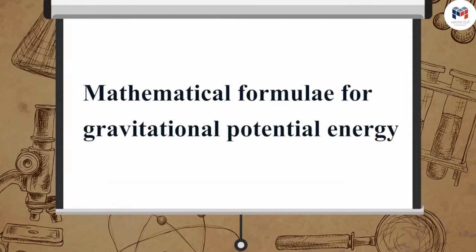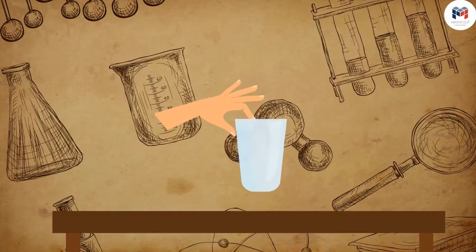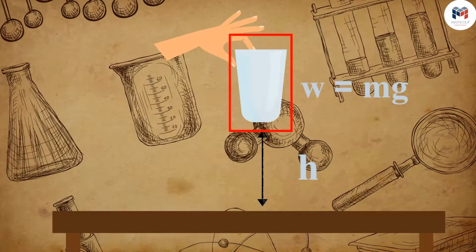Now, let us derive the mathematical formula for gravitational potential energy. Suppose an object with mass m is raised from the ground through a certain height h. The force required to raise the object is equal to the weight of the object, that is mg. The energy gained by the object is the work done on it.